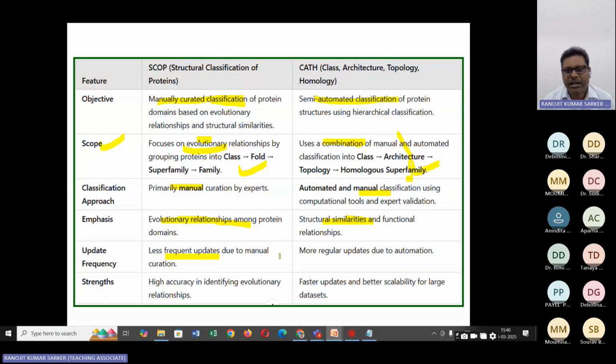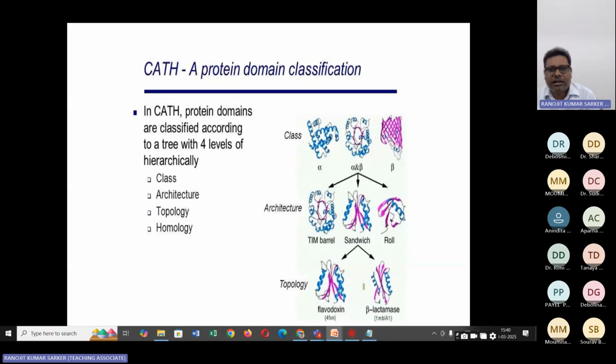The updates are more regular compared to SCOP, and the strength is they have higher accuracy and even better flexibility. So if we are interested in designing function and structure, then we would opt for CATH. If we are interested in evolutionary relationship as well as the domain and its function, we will go for SCOP.